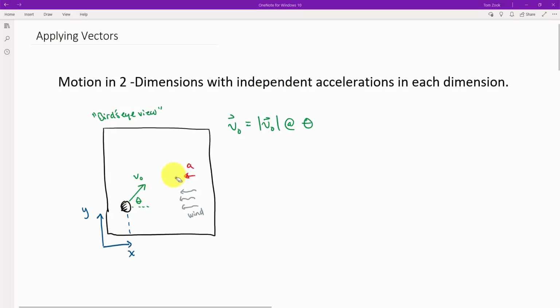But because there's an acceleration, that means in the x-axis direction, we're going to have some change in velocity. It's going to slow down in that direction. So what might the path of this ball look like if there's a stiff breeze blowing on it from the right? Well, as it goes along its original direction of motion, the wind pushing it is going to try to make it go to the left. So it's probably going to follow some sort of an arc, like this.